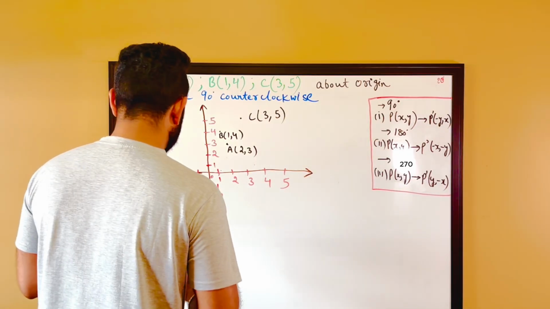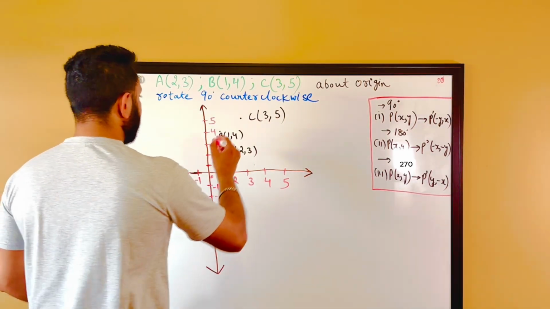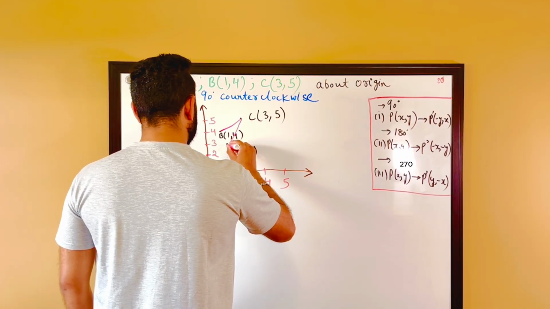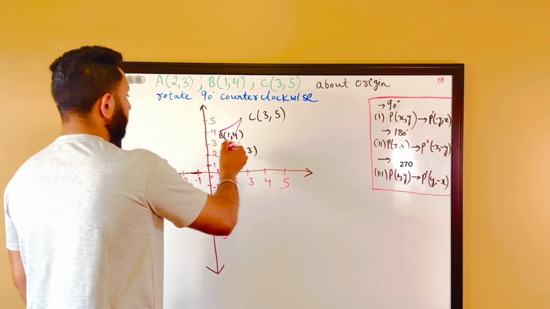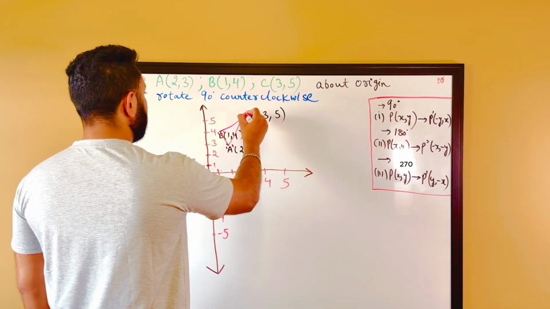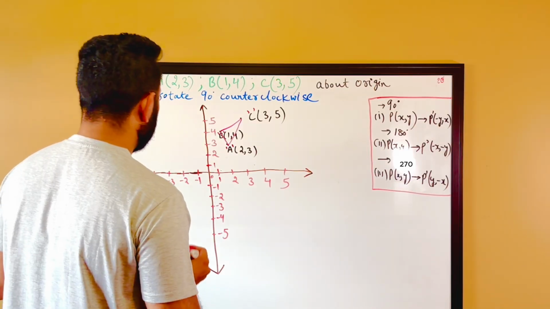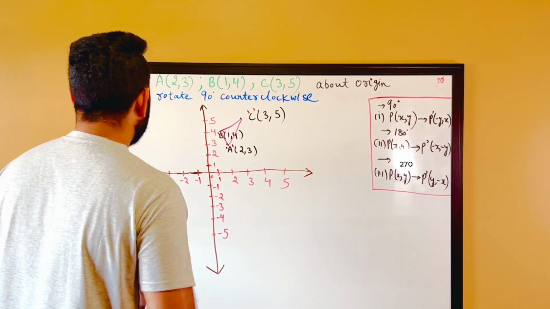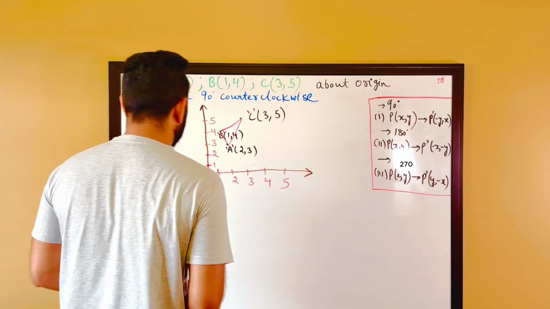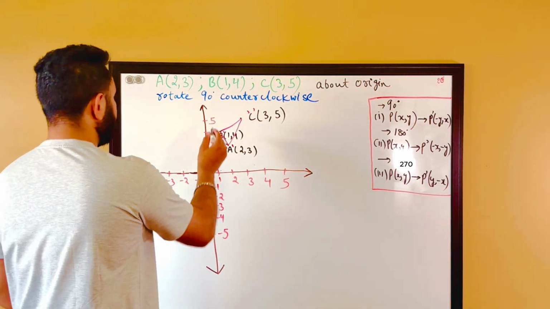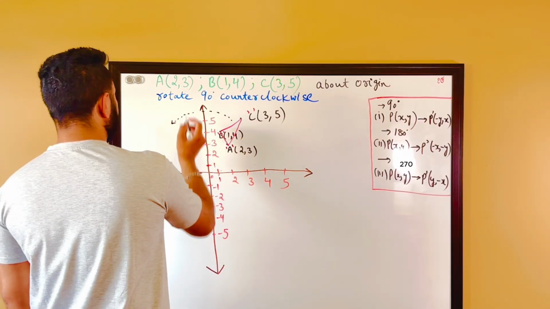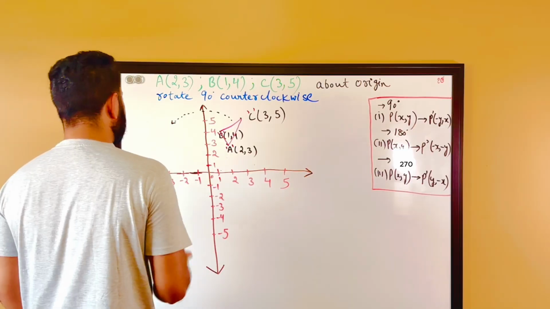So now we're gonna join these points and make a figure, A, B and C. So what we're gonna do, we're gonna rotate this figure 90-degree counterclockwise about an origin. So that means the figure will be in the second quadrant after applying 90-degree counterclockwise rotation.